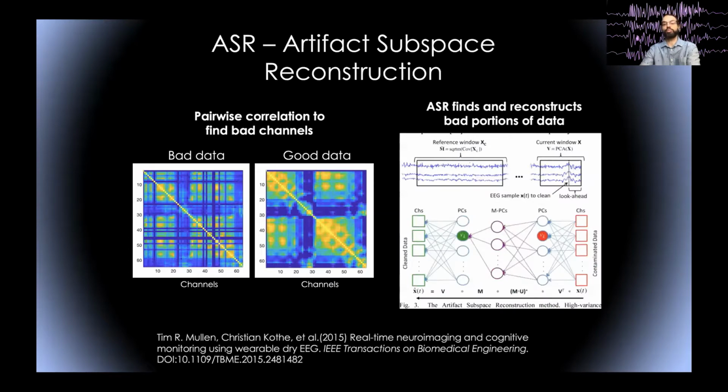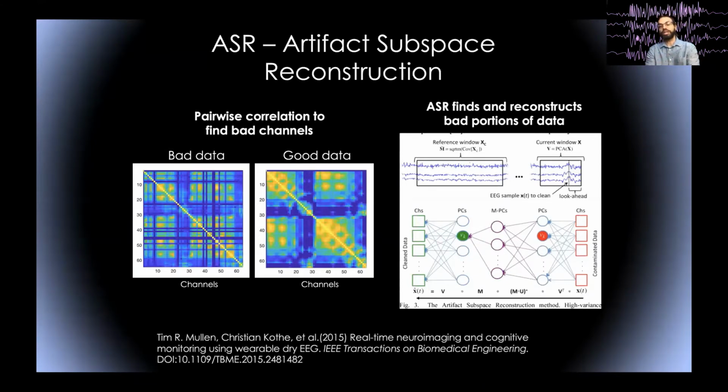And then there's another process. These are to detect the bad channels, then we have to find the bad portions of data. And to detect the bad portions of data, we use artifact subspace reconstruction, except we only use the part of the algorithm that detects the bad portions of data.